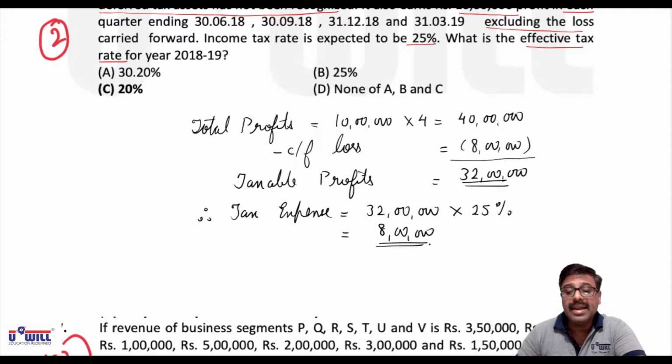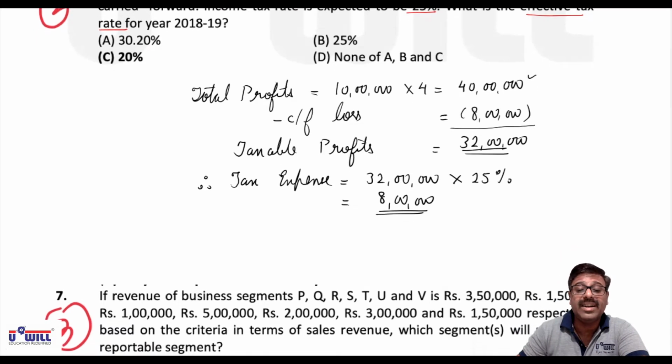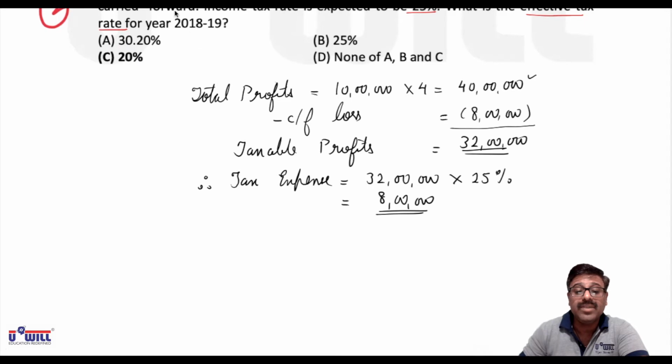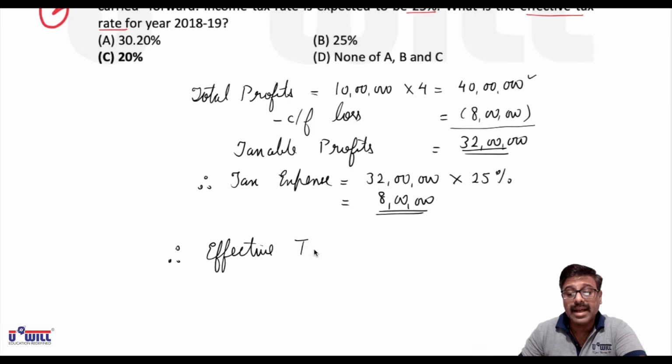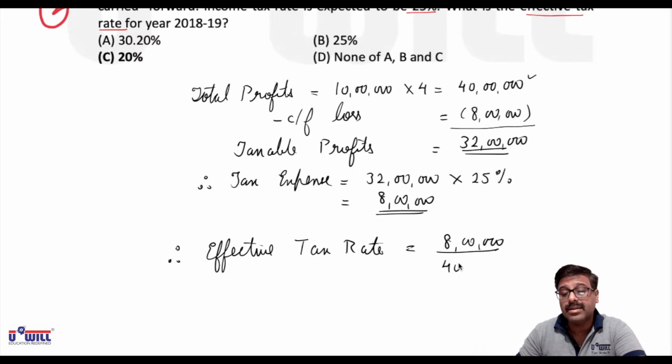Now 8 lakhs, we have to count how much percentage it comes on 40 lakhs. That is called effective tax rate. Okay. So effective tax rate will be equal to 8 lakhs divided by, we have to pay this amount on 40 lakhs of current year profits. So 8 lakhs divided by 40 lakhs into 100, that is 20%.